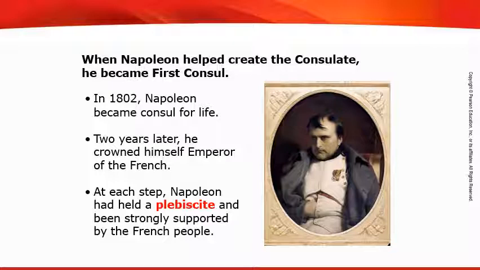But during this time, at each stage, Napoleon held a plebiscite. But the problem with the plebiscite was that if the people of France were not in favor of his decision or his opinion, he announced the result of the plebiscite only in a distorted form.